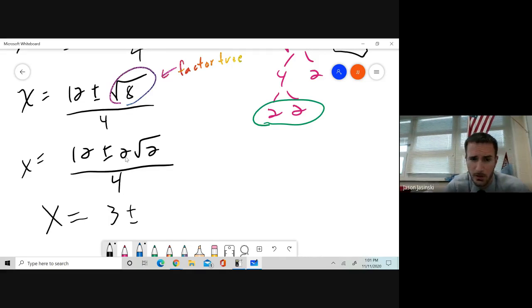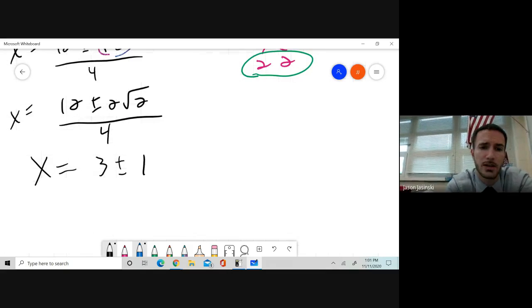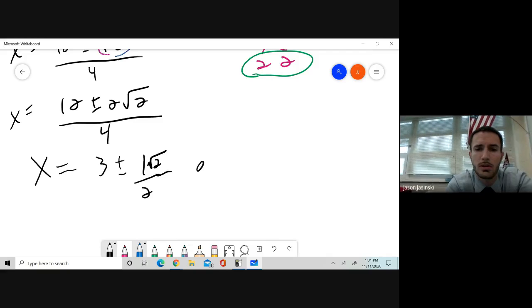Think about it. If you ate 2 slices of pizza and there was 4 total, you ate 1/2 of the slices that were on the table. So you could put the radical up top like that, or you could write the answer with the radical on the side.